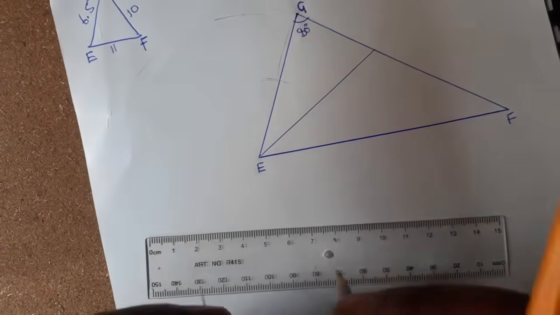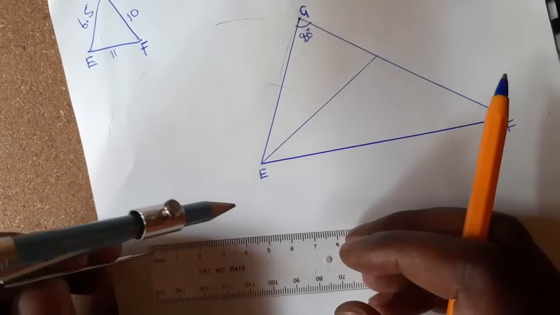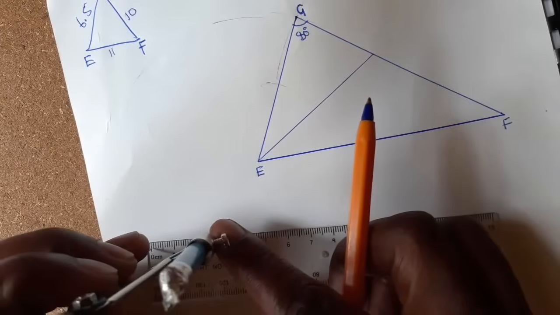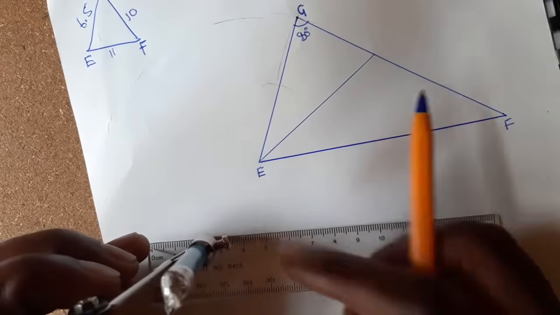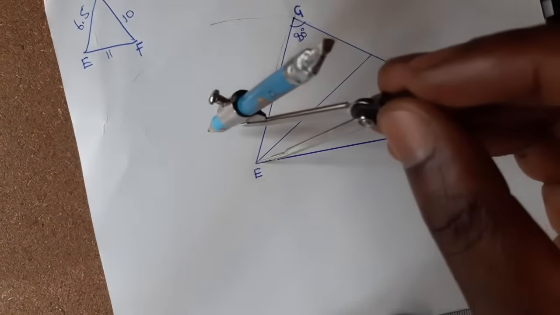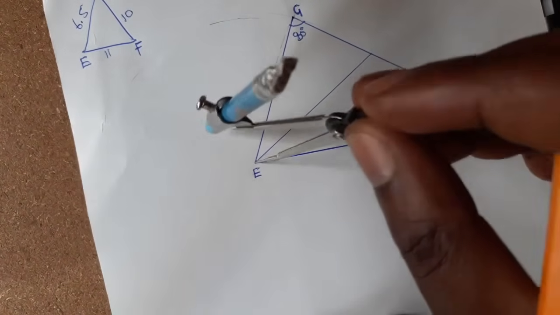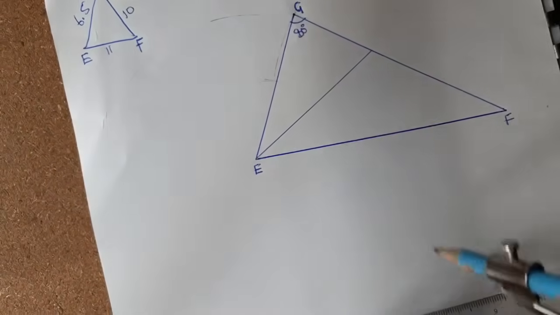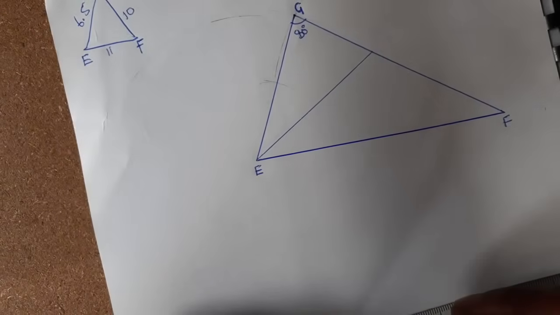We get 2.5 centimeters from the ruler. This is 2.5 here. So when we measure 2.5, we'll come here and draw an arc.